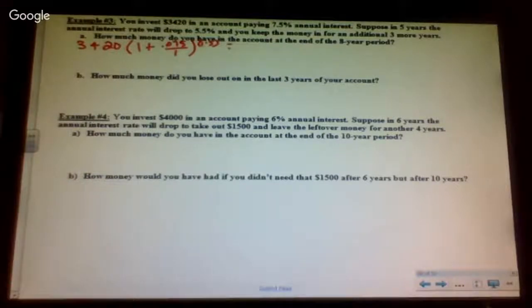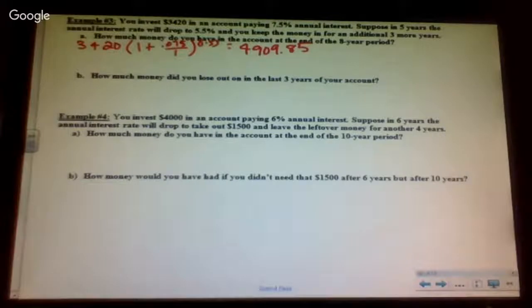How much money do we gain after the first 5 years? $4,909.85. Now, 3 years, we're doing an annual interest rate at 5.5.